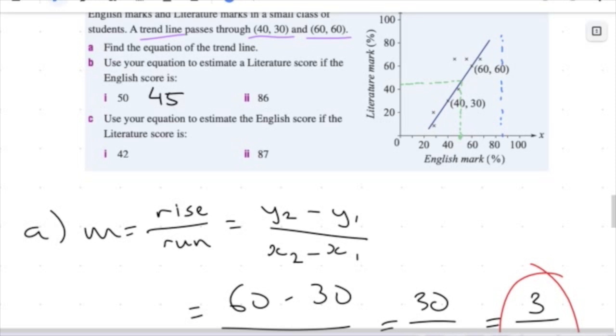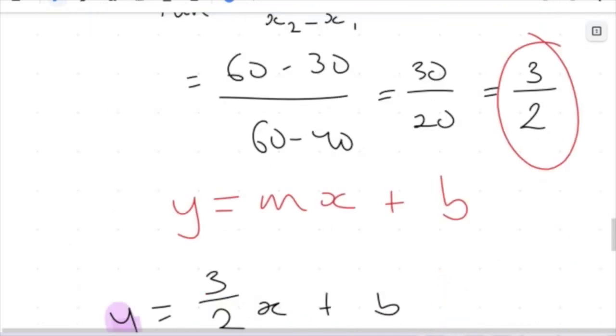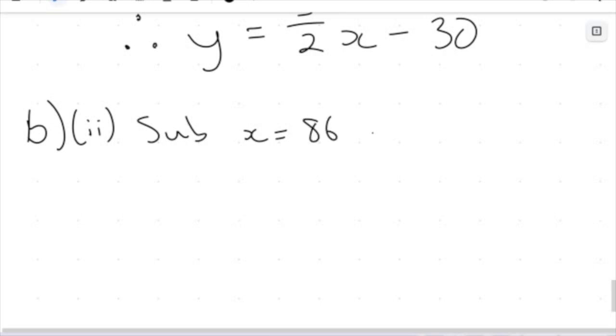The good thing is, now that we have our equation, we can just substitute the value of 86 into the English mark section, which in this case is my x variable. So what I'm going to do for part B, when we can't draw it on our graph, is substitute x equals 86 into our equation.